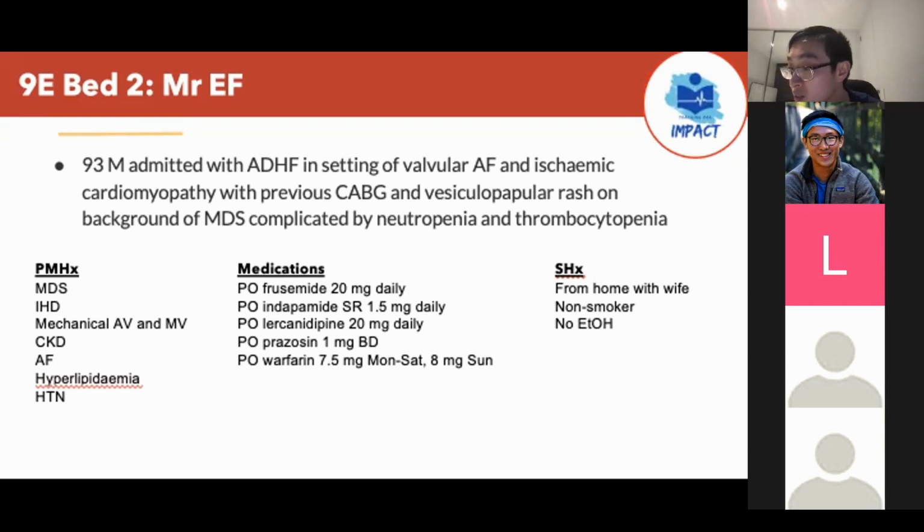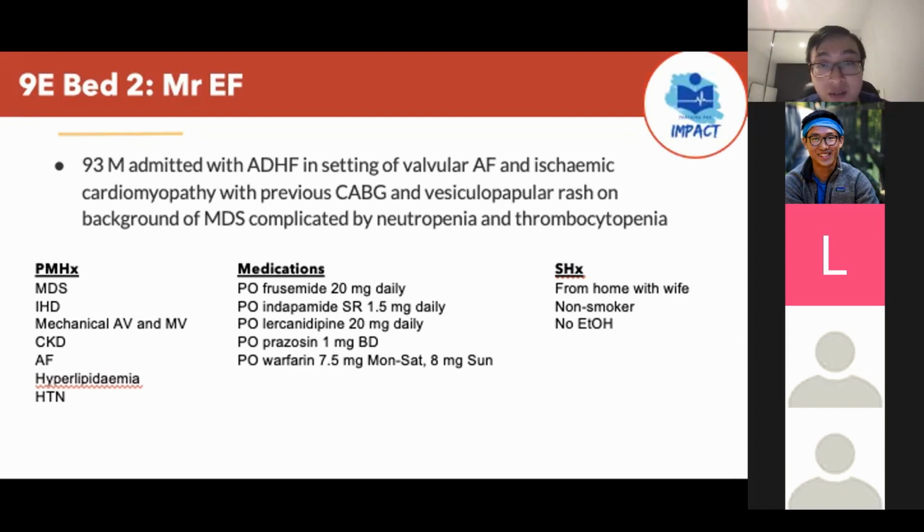Yeah, so LFT includes bilirubin, but often unconjugated bilirubin you need to order separately. If you just order an LFT, they will just give you the total bilirubin, which includes unconjugated and conjugated bilirubin. Cool. So yes, indapamide is a thiazide-like diuretic, which inhibits the sodium chloride co-transporter in the distal convoluted tubule.